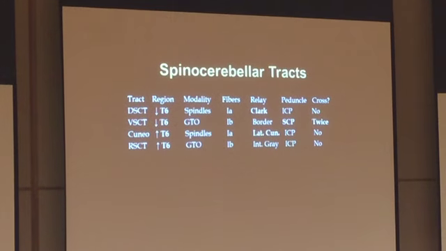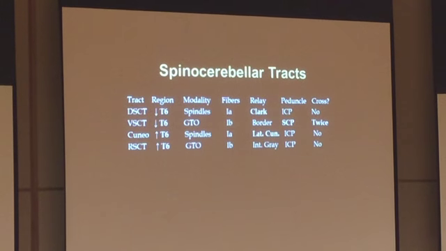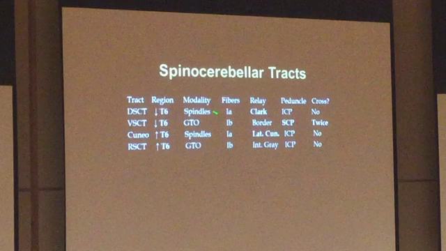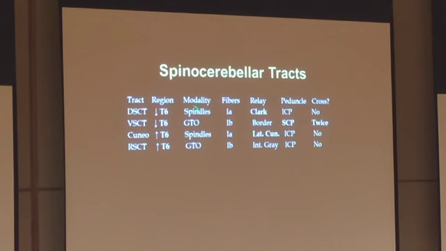So here's a table, which we'll come back to and spend more time on when we go through the cerebellum. But for now, let's just concentrate on these 2, the dorsal and ventral spinocerebellar tracts. I told you we want to associate these with the legs, so that's why I wrote here below T6. The contribution to the dorsal spinocerebellar tract is muscle spindles, which you will understand after the lecture tomorrow.